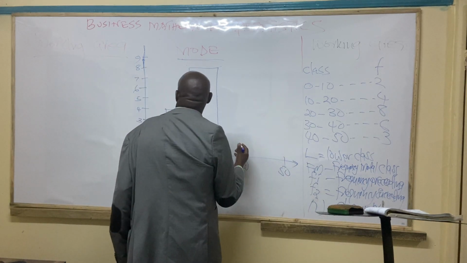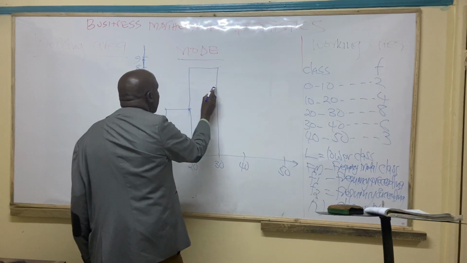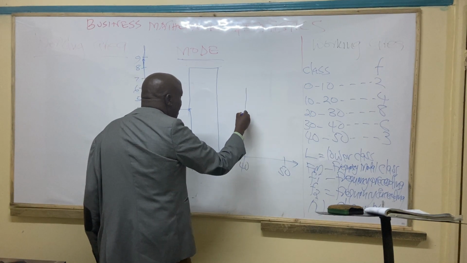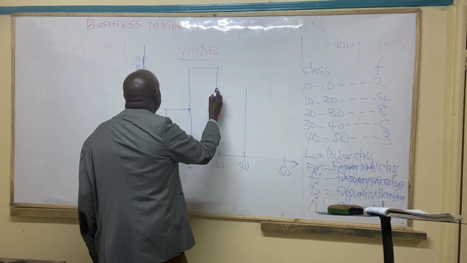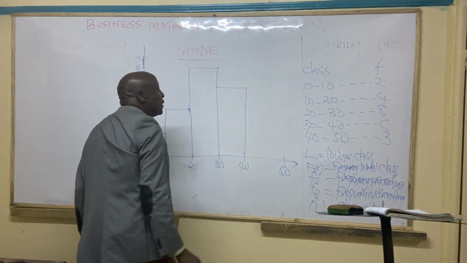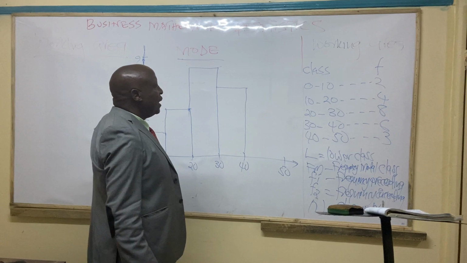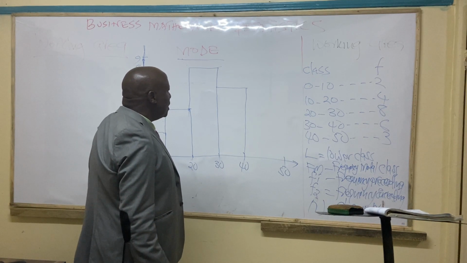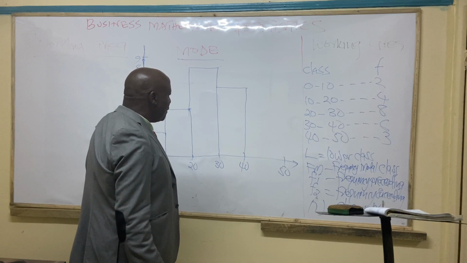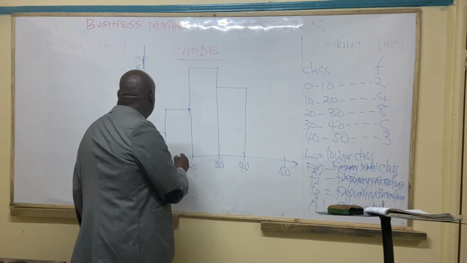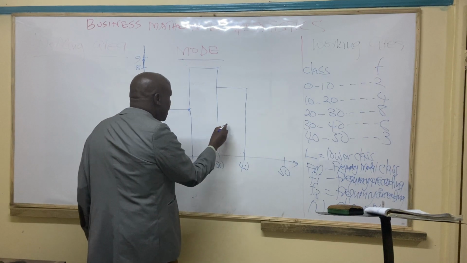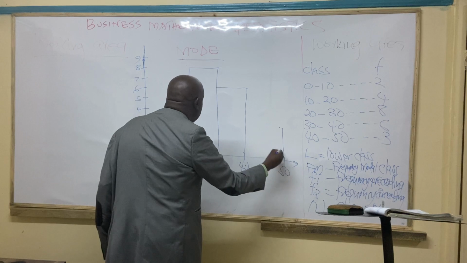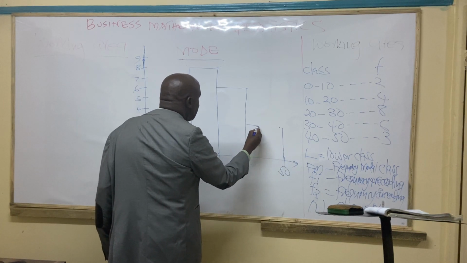Then 46, 6 is here. This will be our 6, the frequency. And then 40, 30, 46, 53. Then 3 would be here. Write it here.